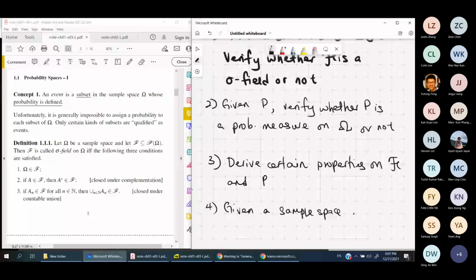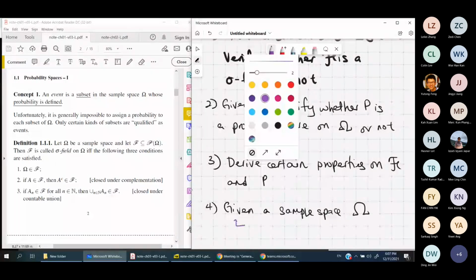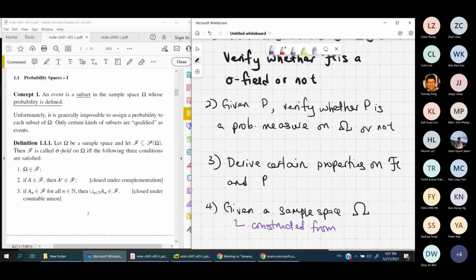Actually it's not given, so we should say this is always something we can construct from the random experiment. We can induce this from our random experiment.